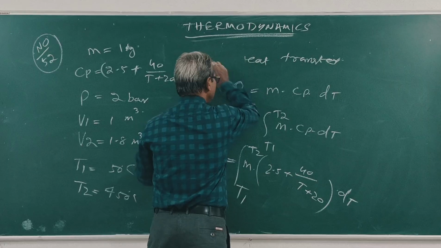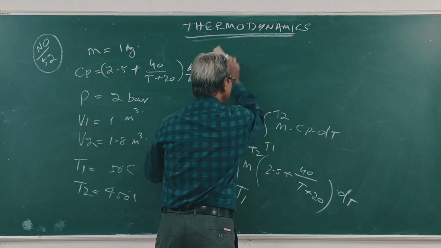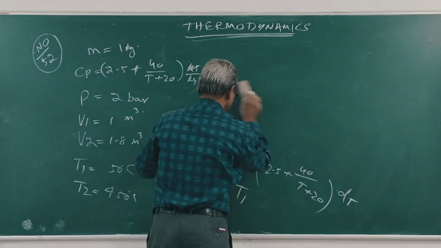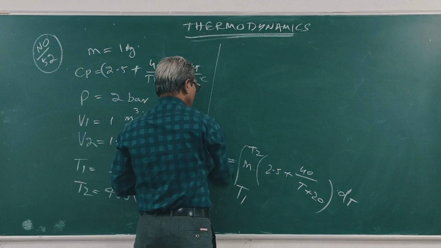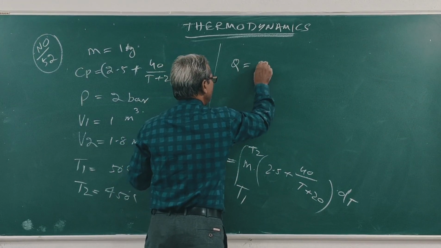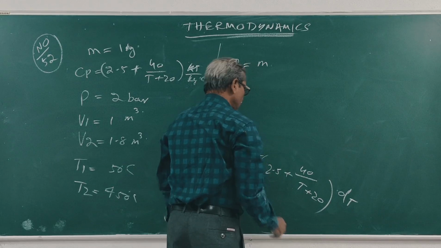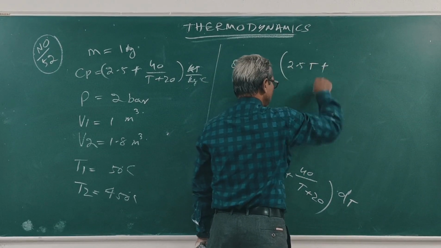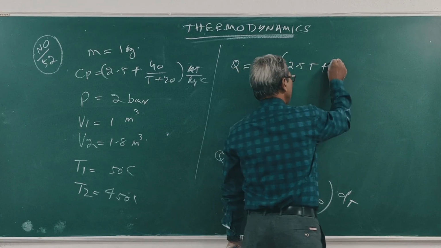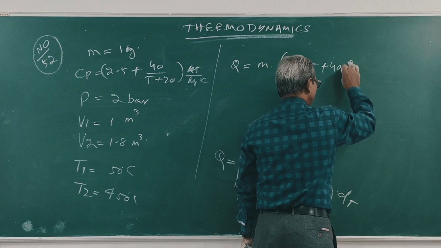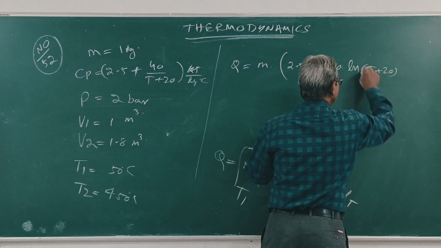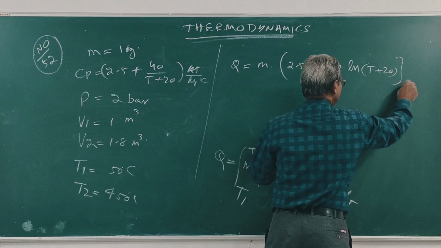Q is equal to M into 2.5 T plus 40 ln (T plus 20), T1 to T2.